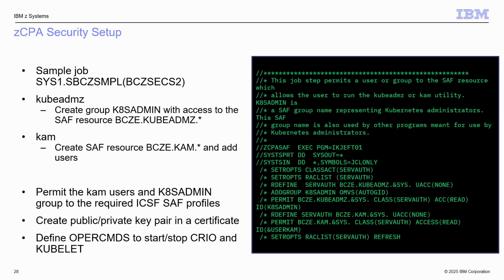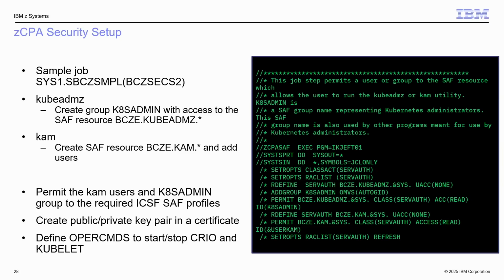For cam, there's no group, so each user will have to be added individually, both by giving them access to the SAF resource, BCZE.CAM, and any required ICSF SAF profiles that are listed within the sample. Then we need to create a public-private key pair and connect it to a certificate in a keyring. This is in order for us to authenticate with the ZCPA.